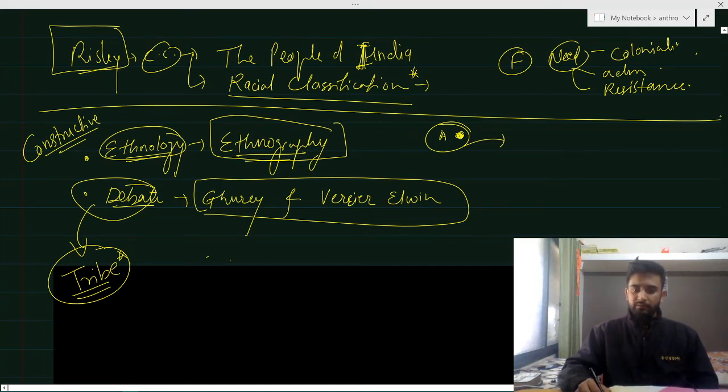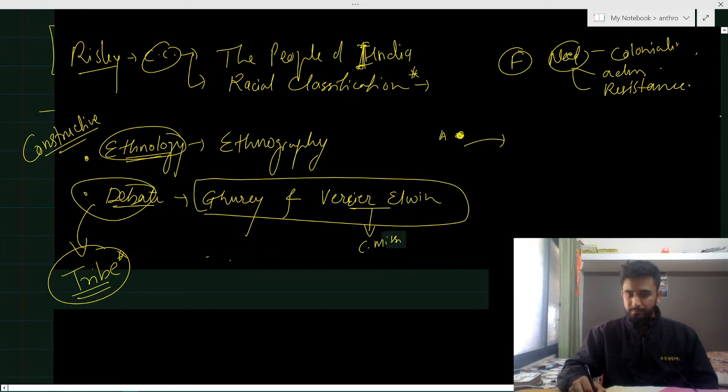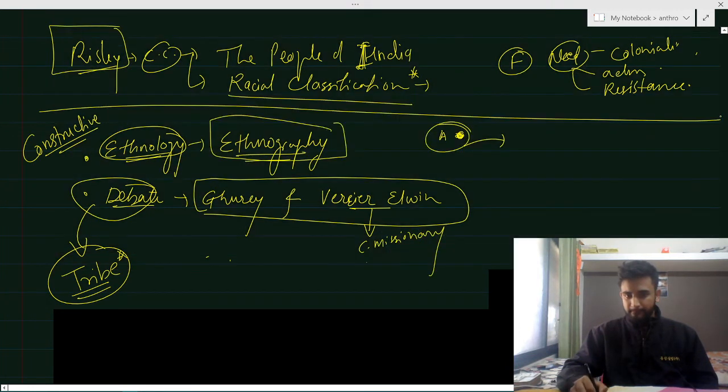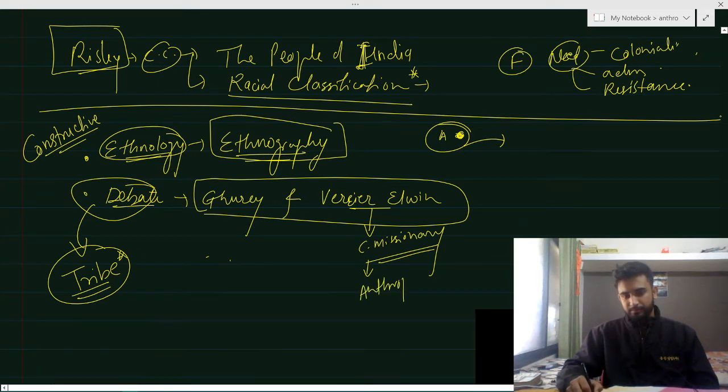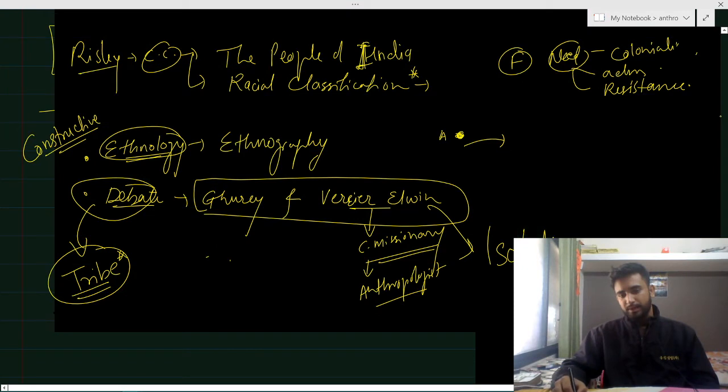Verrier Elwin was basically a Christian missionary. He came to India and soon he was moved by the plight of tribes, and he left that and became an anthropologist. This is brief about Verrier Elwin. So what he said: isolationist approach.